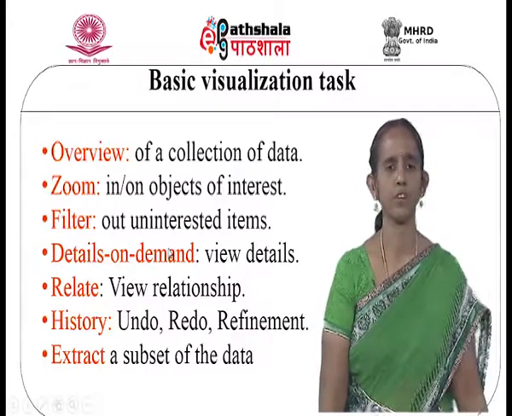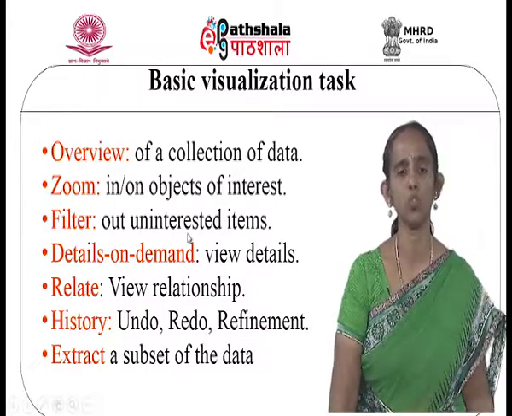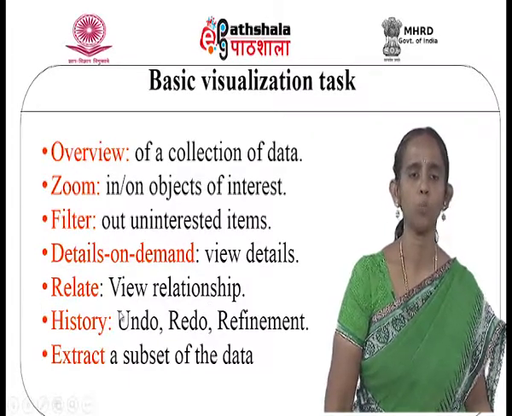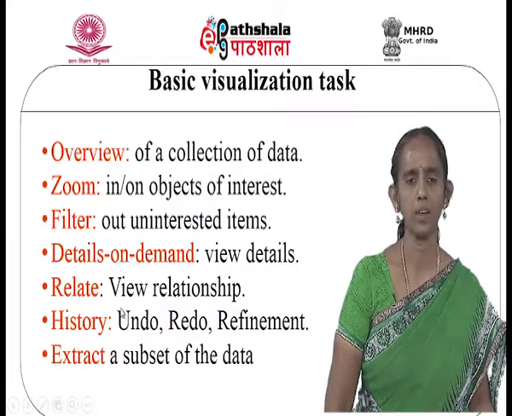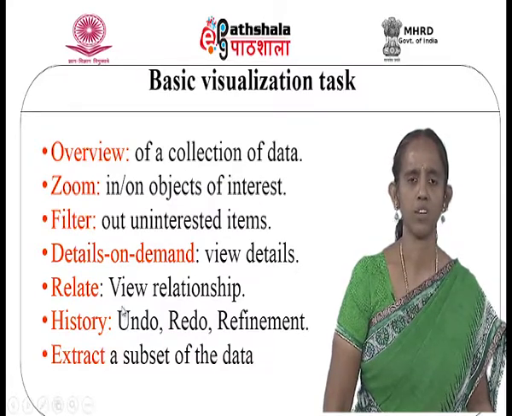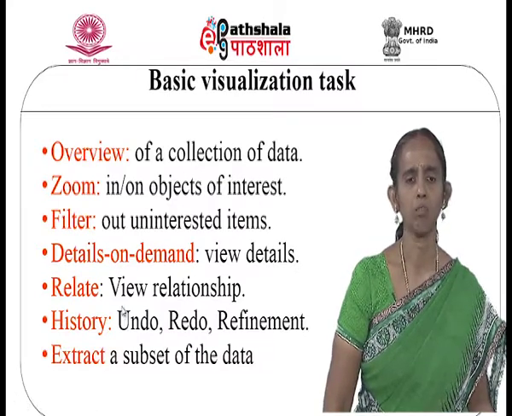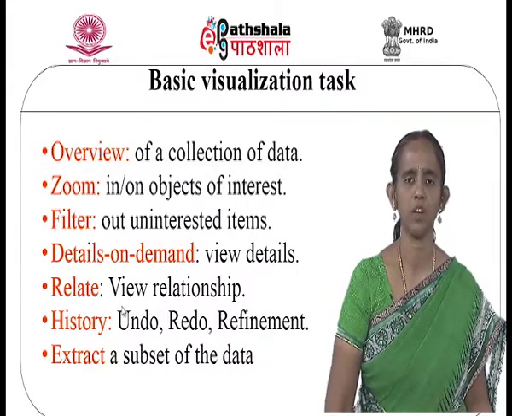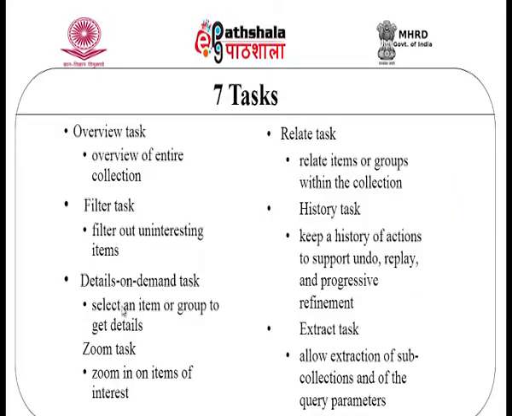The next task is the history task, wherein the user can undo, redo or refine the output shown in the visual. Another task is the extract task, wherein the end user can extract a subset of data and visualize what happens.